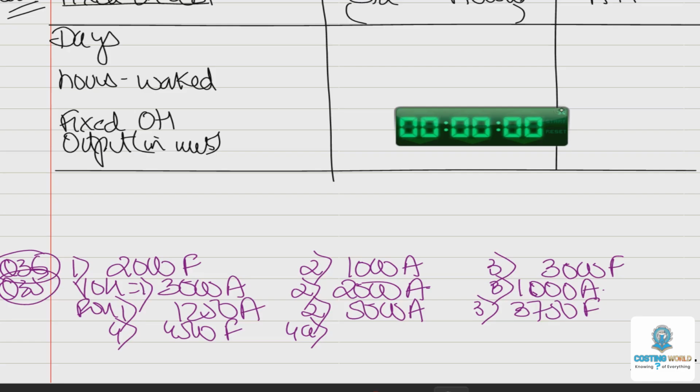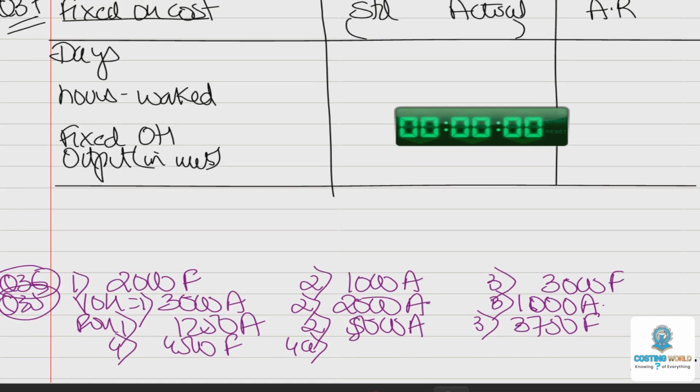Favorable, 2,700 favorable, 750 at goal. Please take your variances, please.